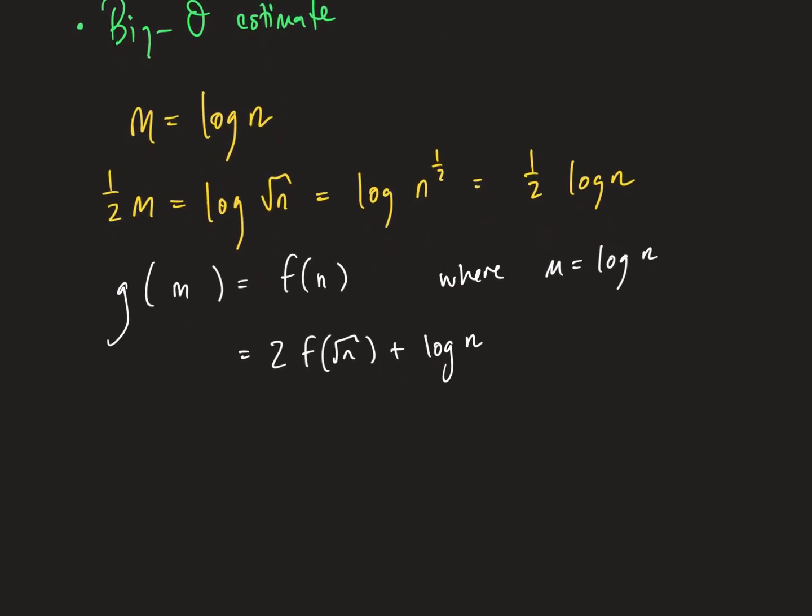And this is equal to 2 g of log square root of n, by definition. f of square root of n, f of any number, is g of the logarithm of that number. So this is our change of variables. And what we showed above was that log square root of n is the same thing as 1/2 of m, and log n is just equal to m.